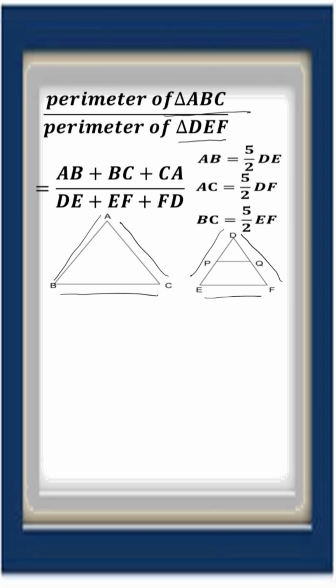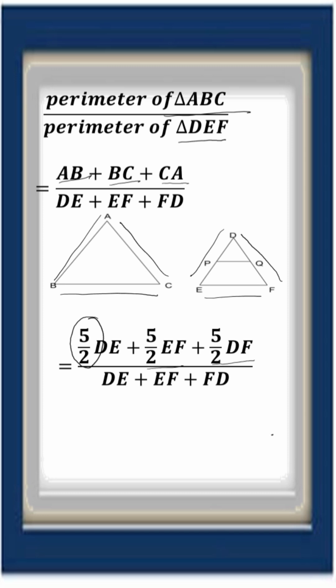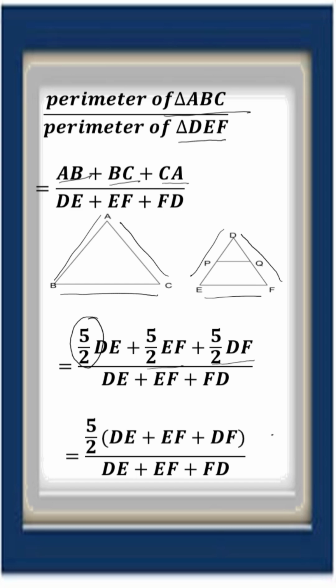So now let us write instead of AB, 5 by 2 DE, instead of BC, 5 by 2 EF, instead of CA let us write 5 by 2 DF. Here 5 by 2 is common. Let us take it outside the bracket. So inside the bracket DE plus EF plus DF.